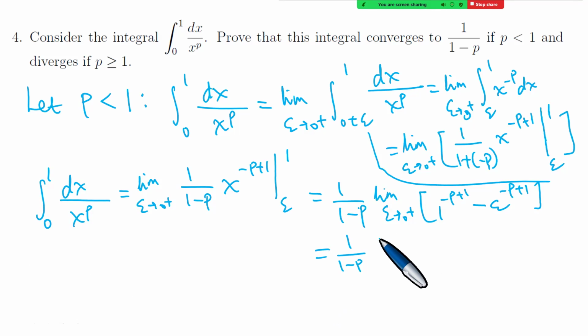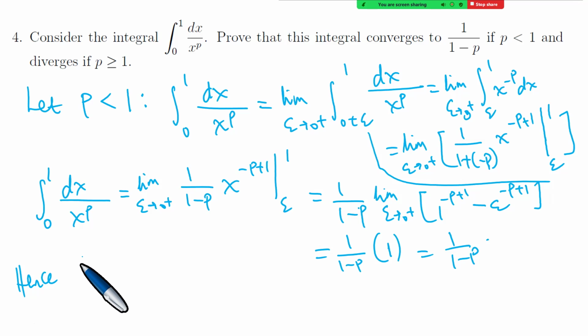And then when you take the limit here, this is going to be exactly what? 1 over 1 minus p, because epsilon approaches 0 from the right, then it's going to become 0. Hence, you have the integral from 0 to 1 of dx over x to the p.